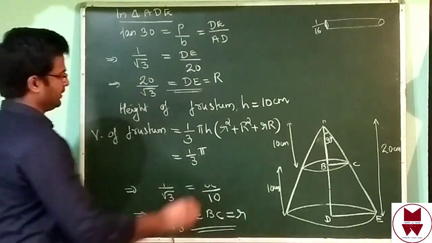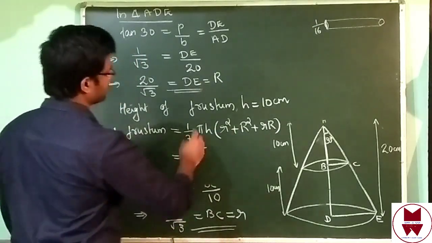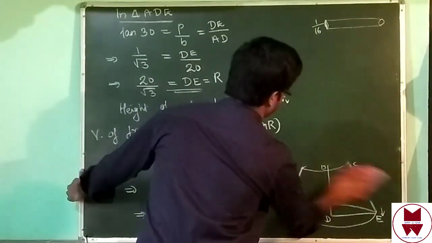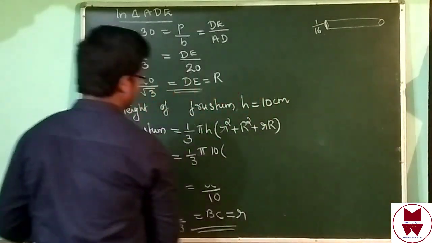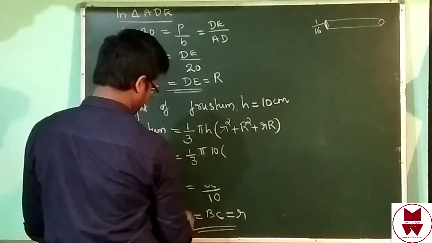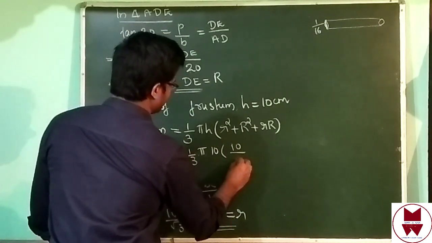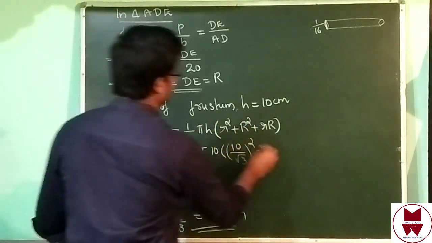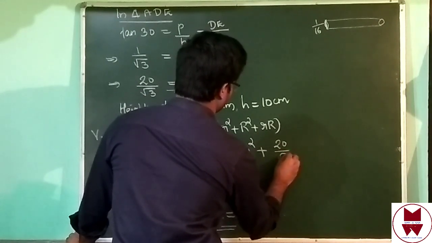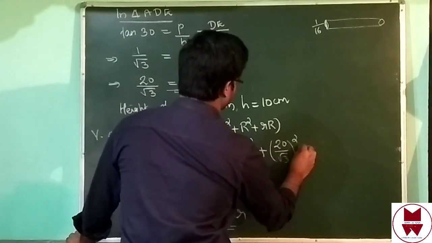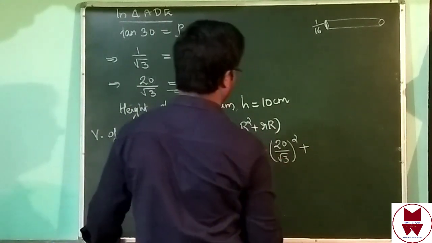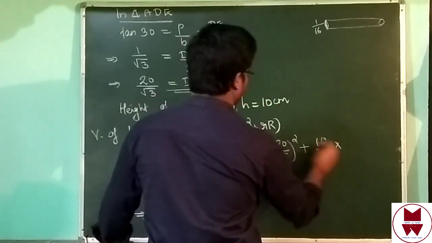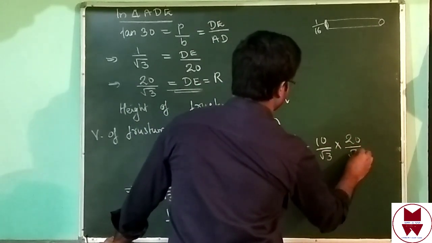That's enough. Then h is 10 centimeter. Then small letter r is 10 by root 3 whole square, capital letter R is 20 by root 3 whole square, plus small letter r into capital letter R, small letter r is 10 by root 3 into capital letter R is 20 by root 3.